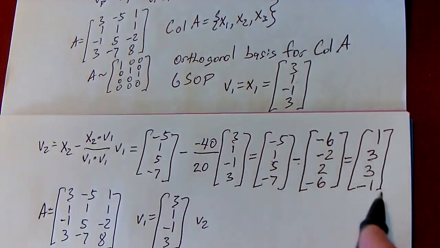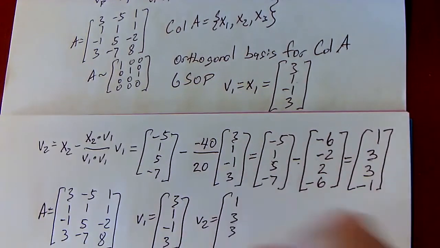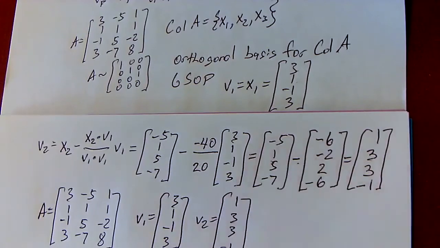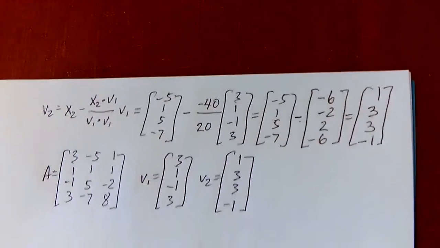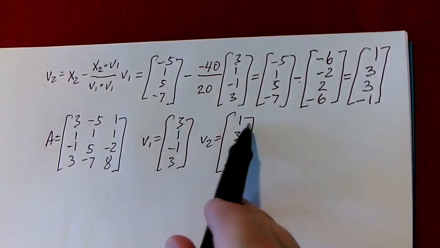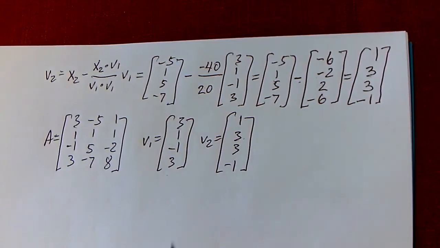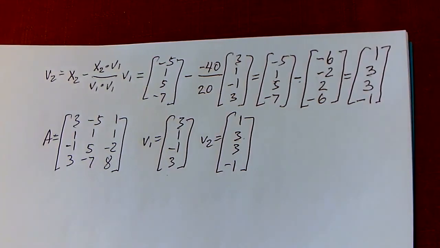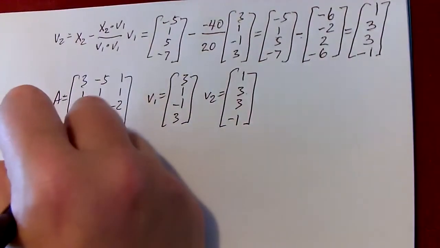My second orthogonal vector I just found was 1, 3, 3, -1. It's never a bad idea to check and make sure those are actually orthogonal. So 3 and 3 makes 6, -3 and -3 makes -6. So yes, V1 dot V2 is 0, so those vectors are orthogonal. Okay, so let's go to V3 now.